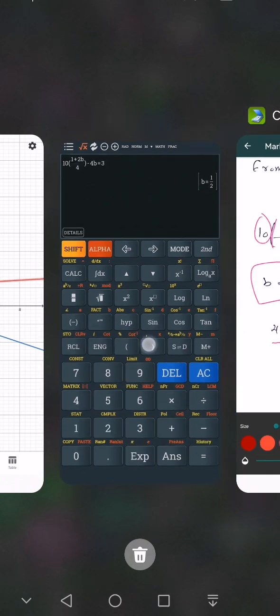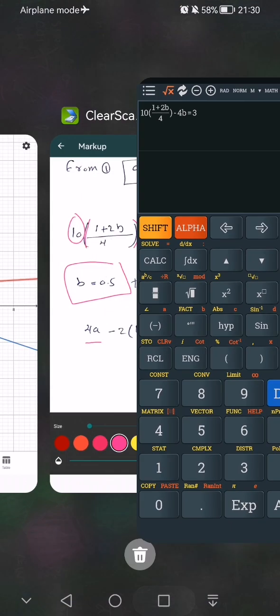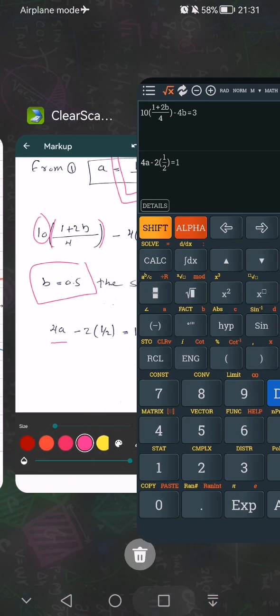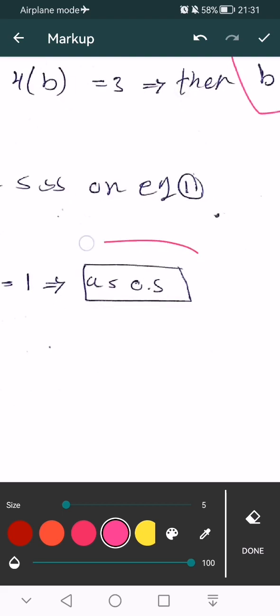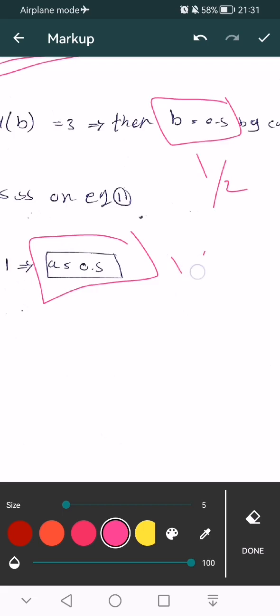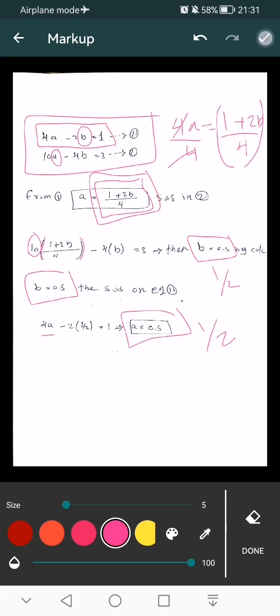You can also use the calculator: 4 alpha a minus 2 times 1 over 2 alpha equal to 1. Alpha equals 1, so a is also half. You can write half or 0.5, and this is the answer.